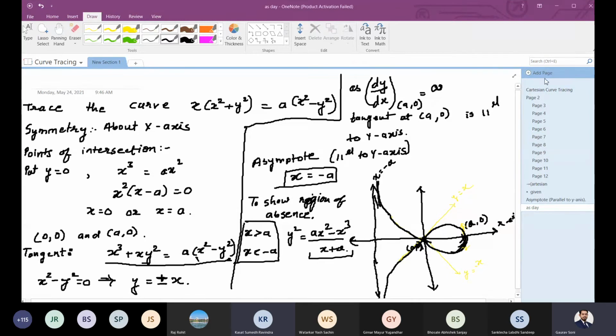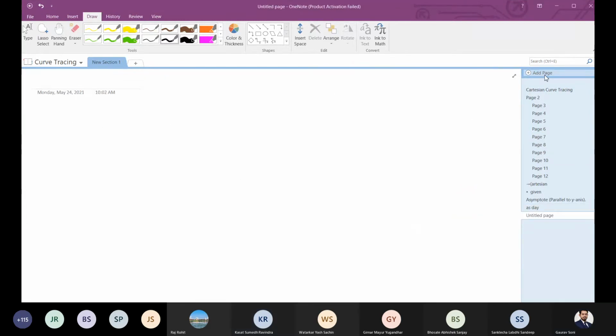Okay, everyone just try one example then. x into y square is equal to a square into a minus x. Try to do it.